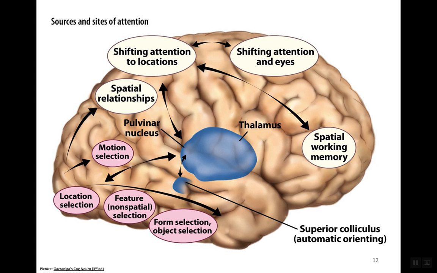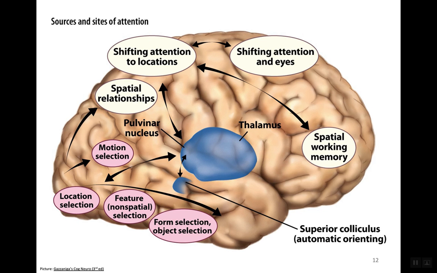So visual attention employs the control of eye movements, and it also controls in parallel shifting attention to specific spatial locations. But we may not necessarily pay attention just to locations. We might pay attention to different features of a stimulus, such as its motion or its color or its shape.